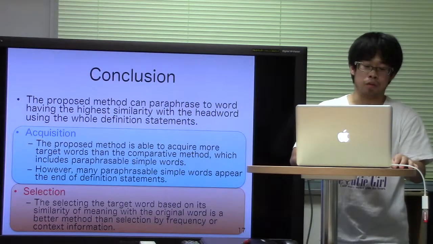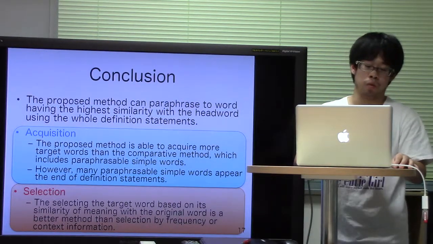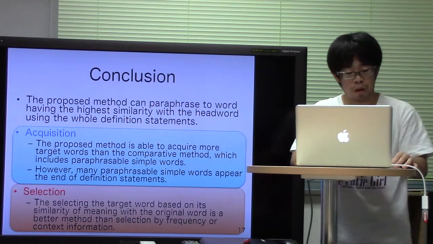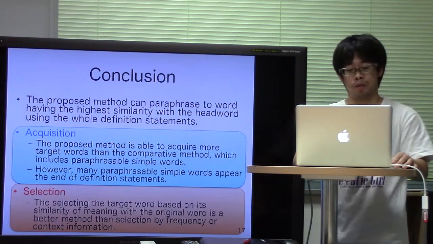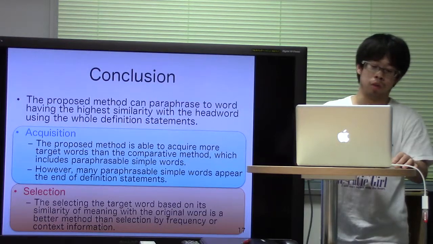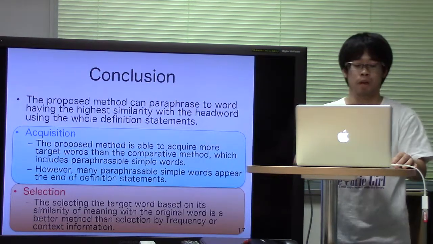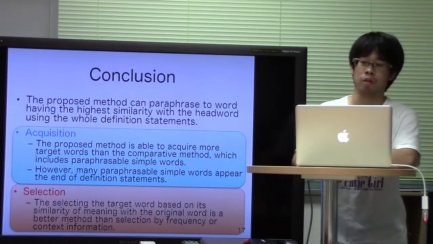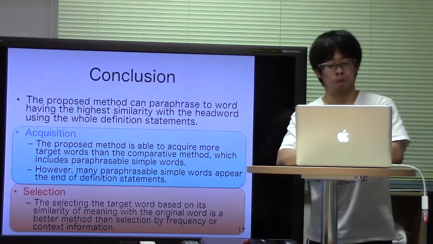It is necessary to select a proper target word from among several candidates that have been acquired. The results of this experiment show that the method of utilizing WordNet similarity is better than the method utilizing frequency and context information. Thank you for your attention.